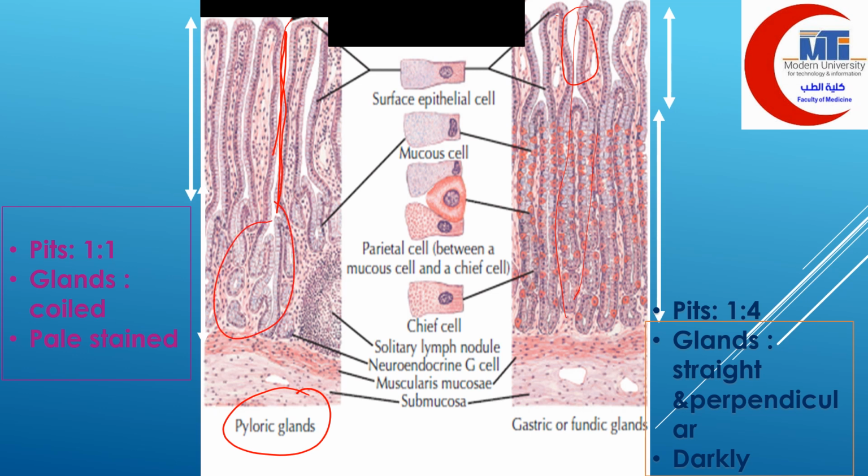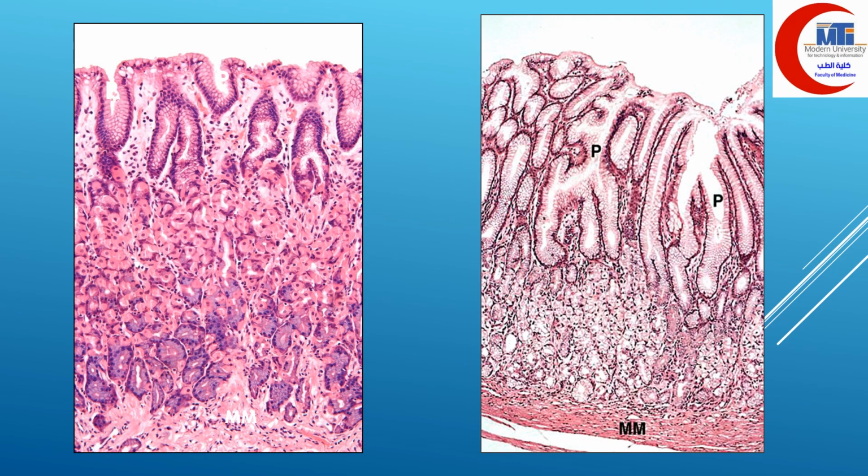Okay, let's see it in a section. Can you see here? What is this? This is fundus or pylorus. I will give you a second to think. Here, this is the mucosa of the fundus and pylorus. This part and this part is occupied by the gland, which is maybe either fundic or pyloric. How to demonstrate?